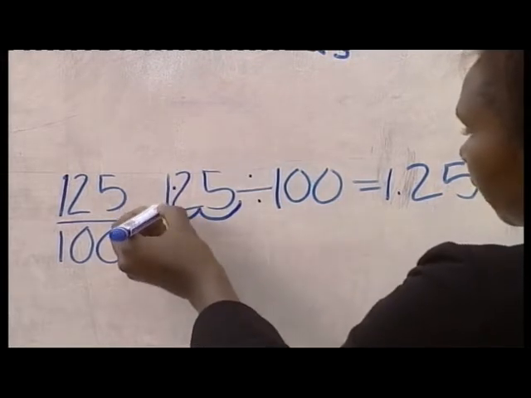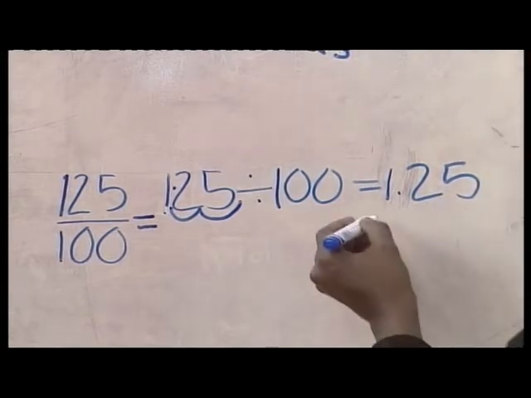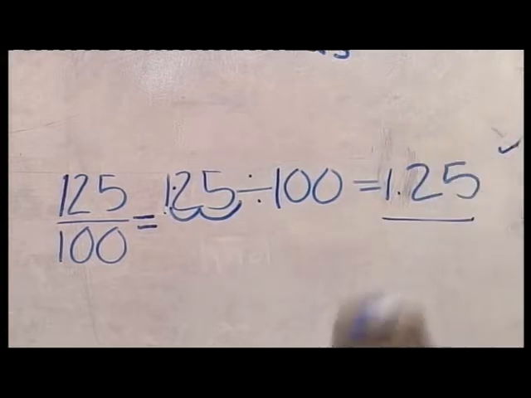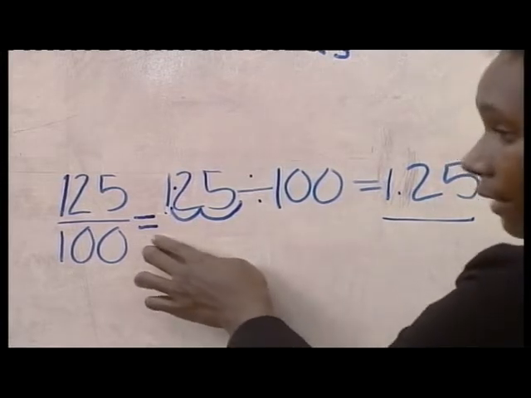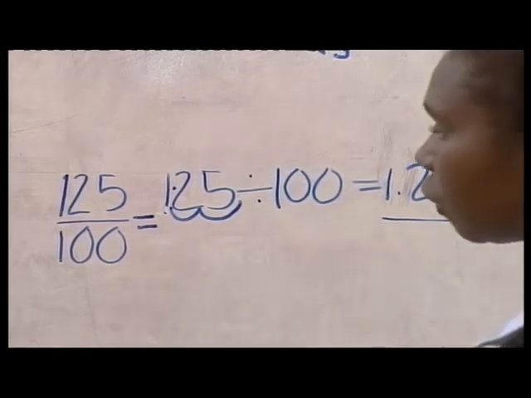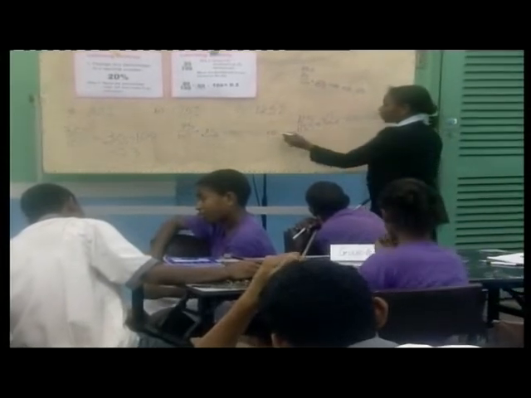So the decimal point now is in between 1 and 2. So thank you, Joe. Your answer is still correct. Don't forget, always have this working out in line with the equal sign, like what your other friends have done here. So the 3 exercises are all correct.